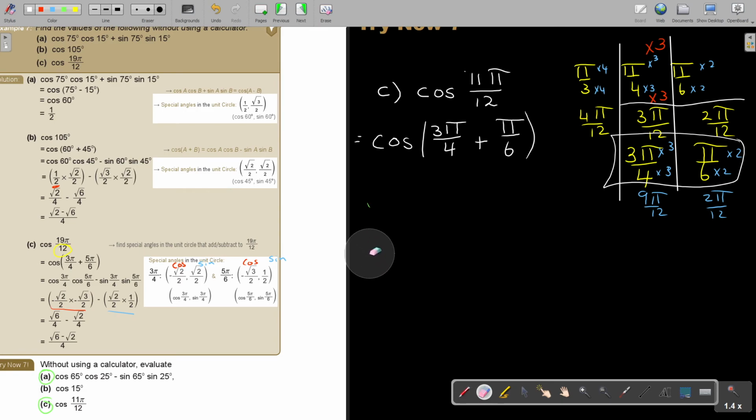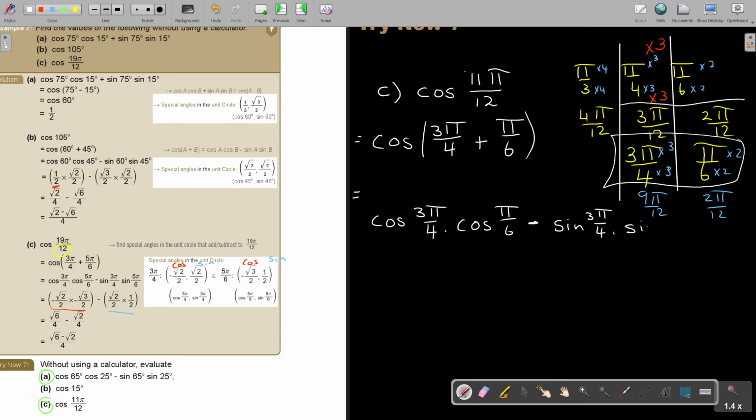And then it's going to be cos 3 pi over 4. I'm using the rule now. Cos pi over 6. Don't forget the sign must change in the cos, so it's negative sin 3/4 pi sin pi over 6.